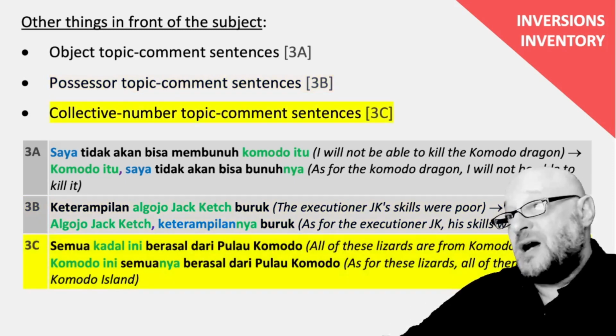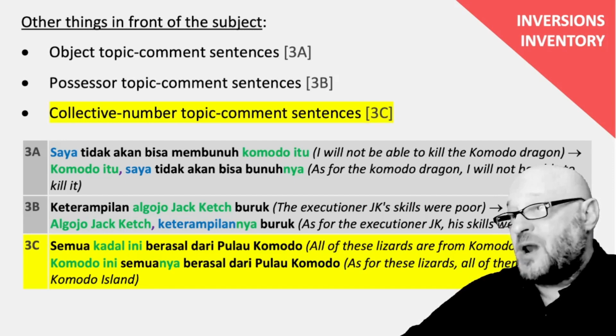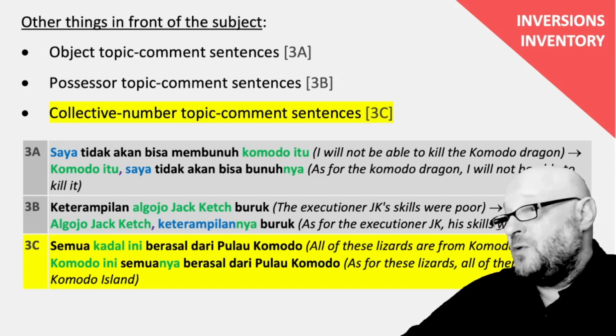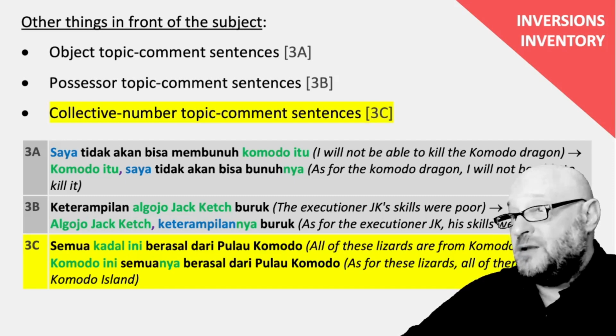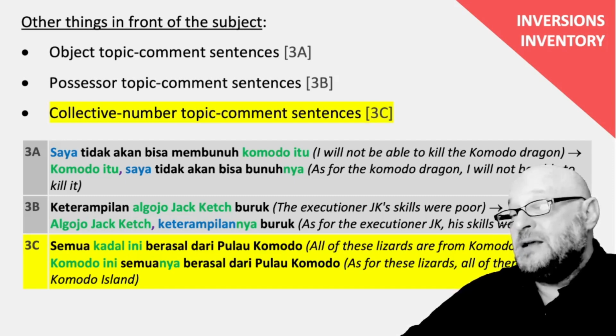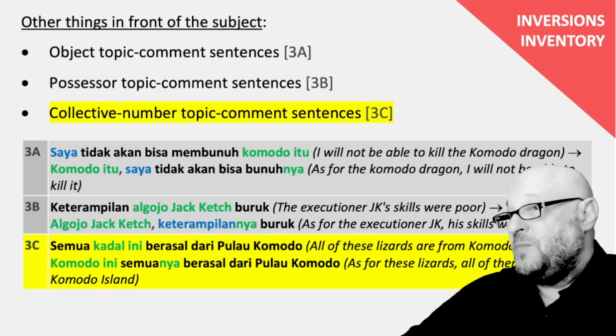Collective number topic comment sentences, 3c. Semua kadal ini berasal dari Pulau Komodo. All of these lizards are from Komodo Island. Can be turned into Komodo ini semuanya berasal dari Pulau Komodo. As for these lizards, all of them are from Komodo Island.